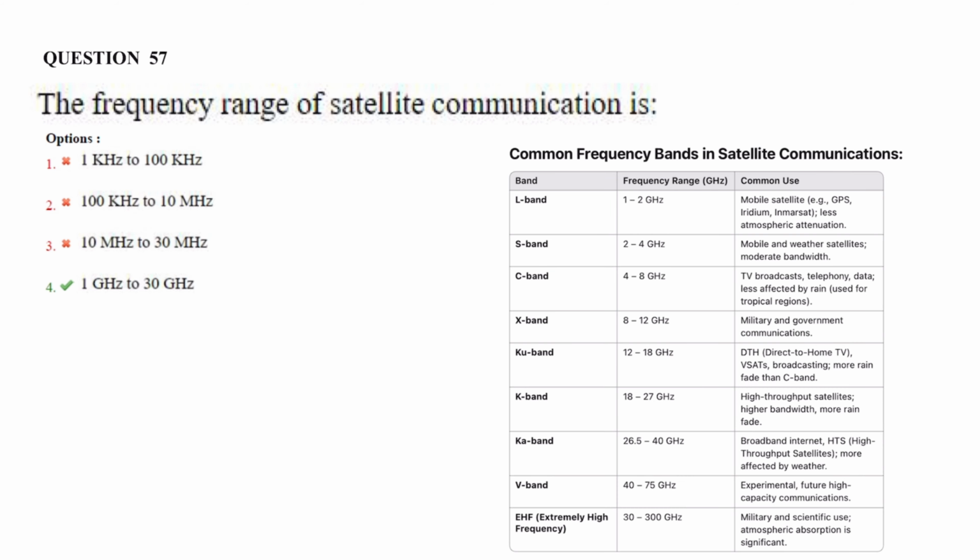Next question, the frequency range of satellite communications. Generally the satellite communication frequency range is from 1 gigahertz to 40 gigahertz. Here the correct option is 1 gigahertz to 30 gigahertz.